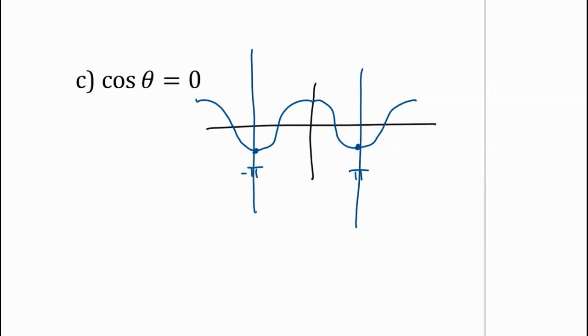So where is cosine equal to 0? Right here and right here. And what are those two values? Negative pi over 2 and pi over 2. Good. Negative pi over 2 and pi over 2. And you just have to know that because you have to know that about the graphs.